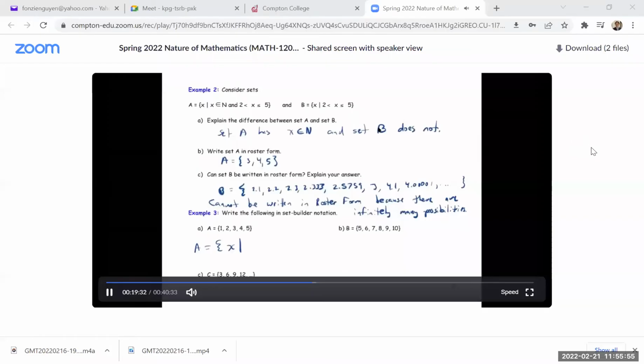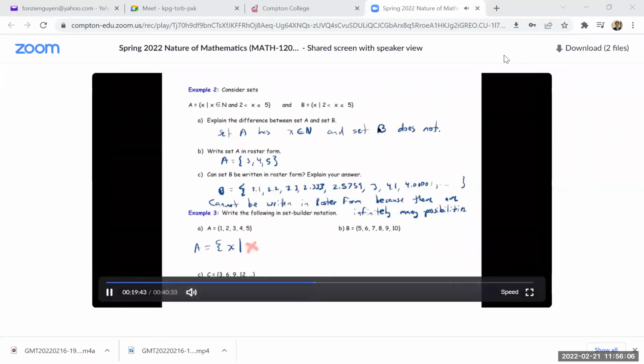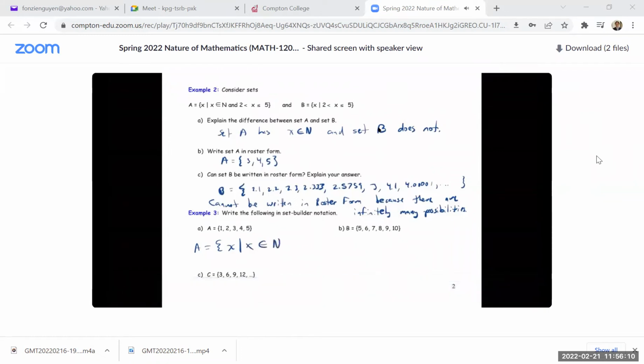There's no decimals. So therefore we have to write x is an element of N. All right, so let's do that now. x is an element of N. And x is, what would you say it's between? Equal or greater than 1 and less than or equal to 5.